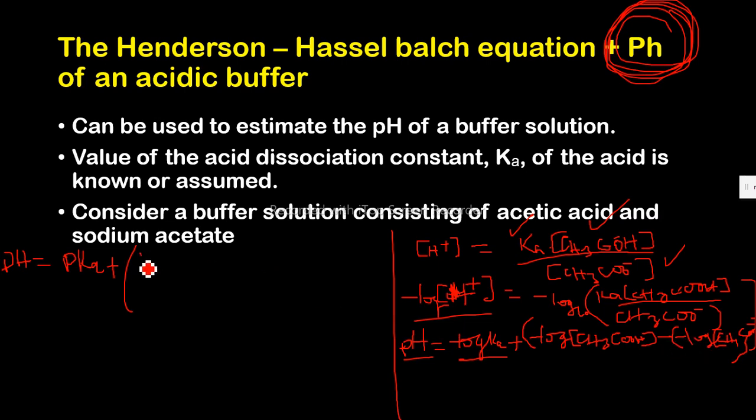This is the same as writing it as log of the concentration of the acetate ions, minus the log of the concentration of the undissociated acid, and then you close bracket. Sorry for this, but good you are following.